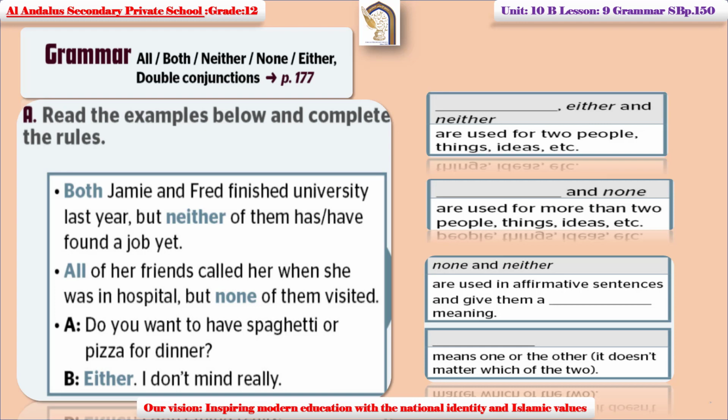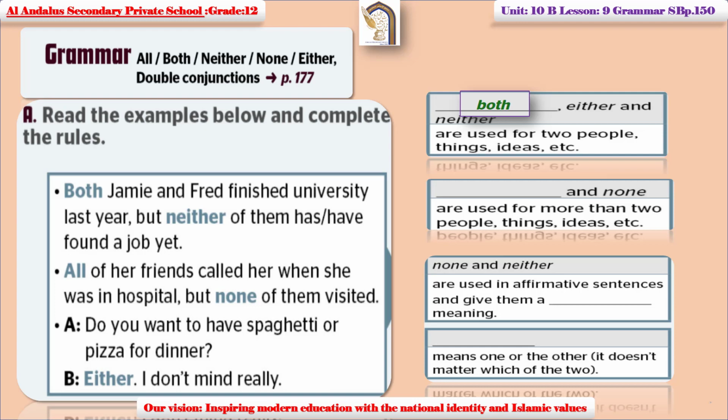From this example, we can work out the following rules. Either and neither are used for two people, two things, or two ideas. That's right. The missing word is both. Both, either, and neither are used for two people, two things, or two ideas.